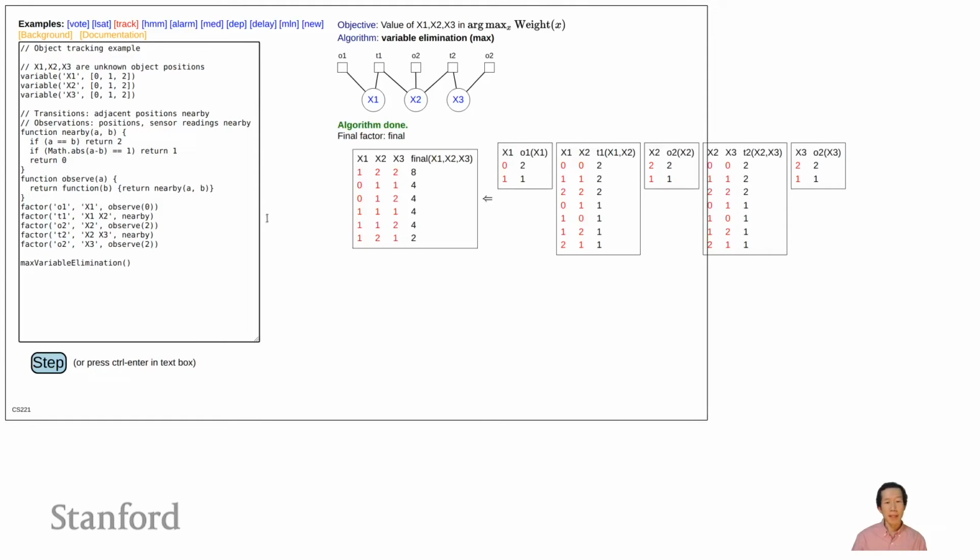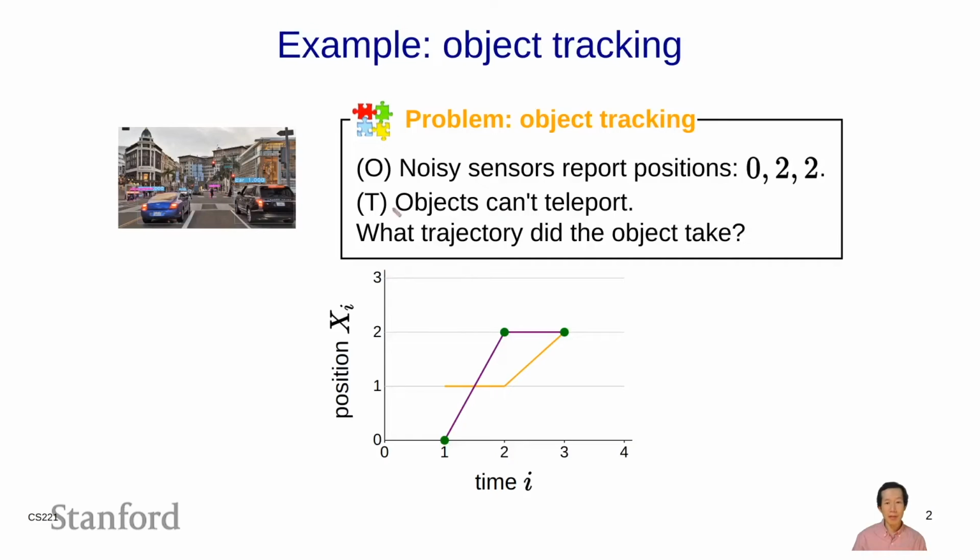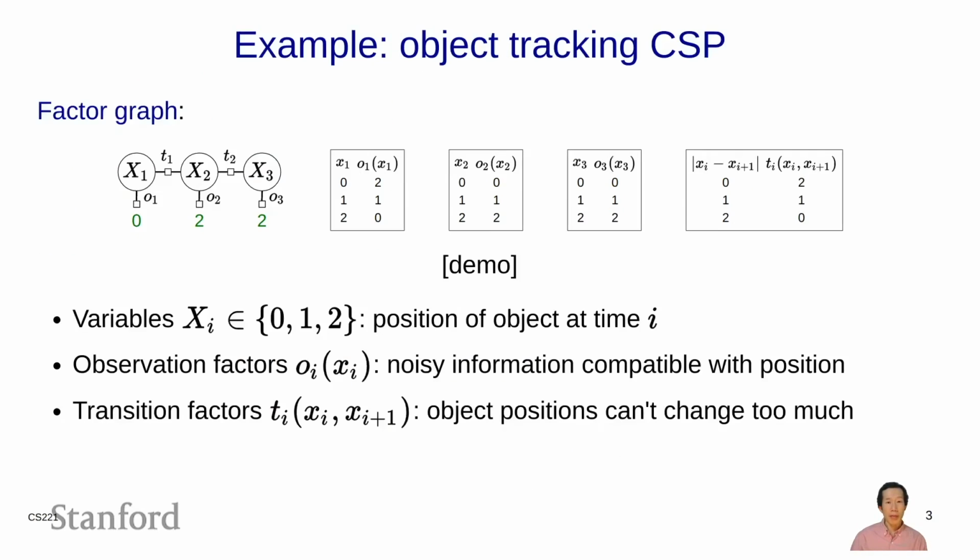So if I solve this CSP, this will return all the set of non-zero weight assignments, and I'll see the maximum weight assignment is 1, 2, 2. So this is a solution to the CSP. It's assigning x1 to 1, x2 to 2, and x3 to 2. Looking at this picture, it's 1, 2, 2. So we think that the object probably took this path. Okay, so that's the end of this example.